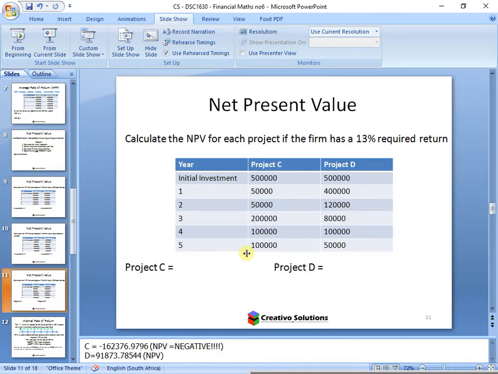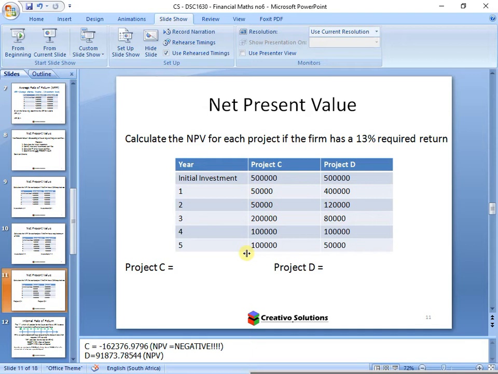C and D. Last example of this particular measure. What's C? Negative 162,376. Yeah, that's right.